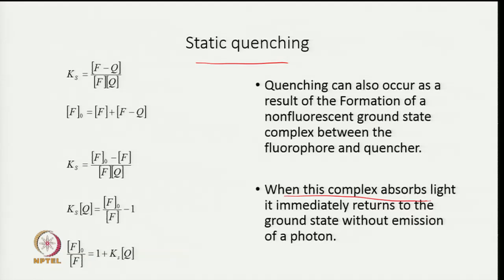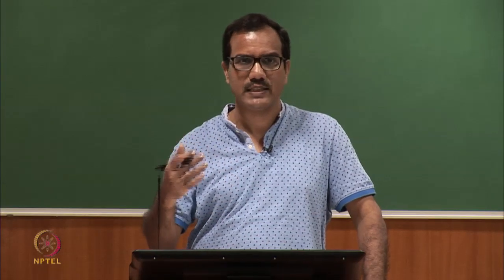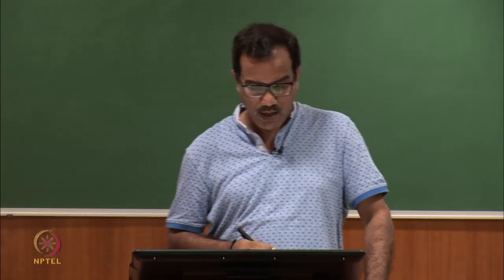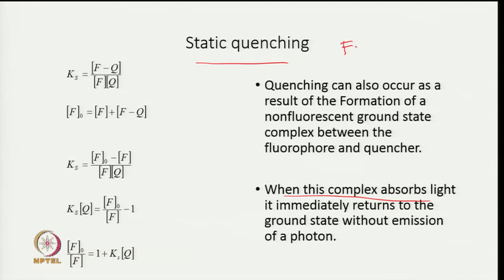When this complex absorbs light, it immediately returns to ground state without emission of a photon. So, this complex does not contribute to fluorescence intensity, and the process is shown as F plus Q giving you FQ. You can see that I am not writing F star, which means the quencher is associating with the fluorescent species in its ground state.